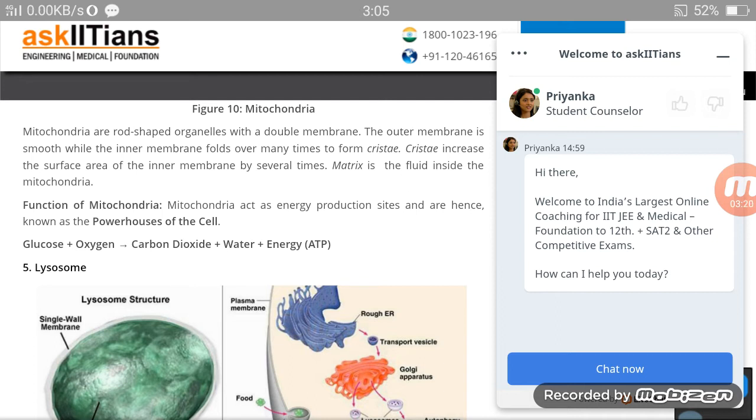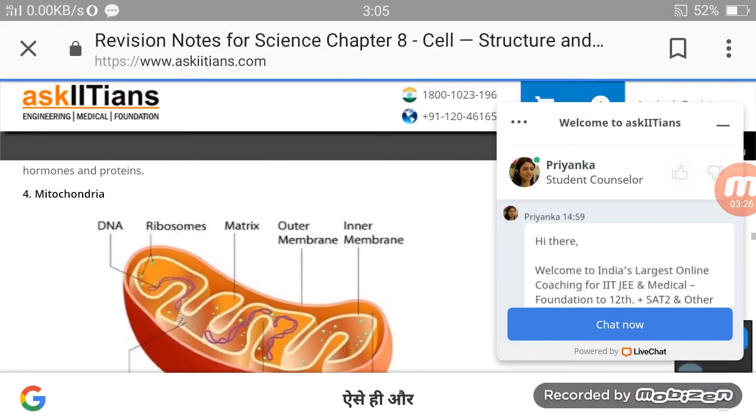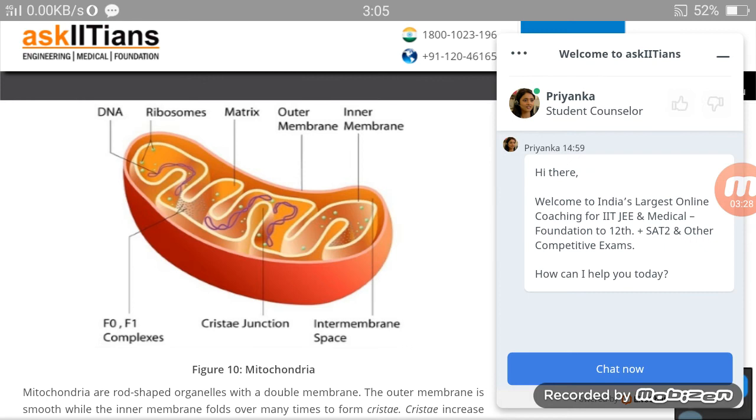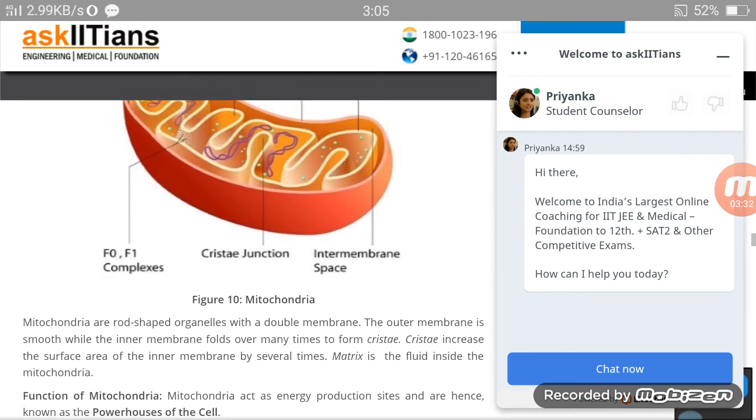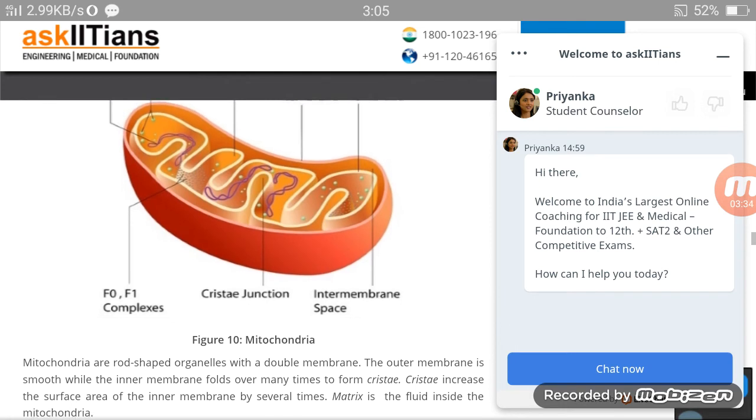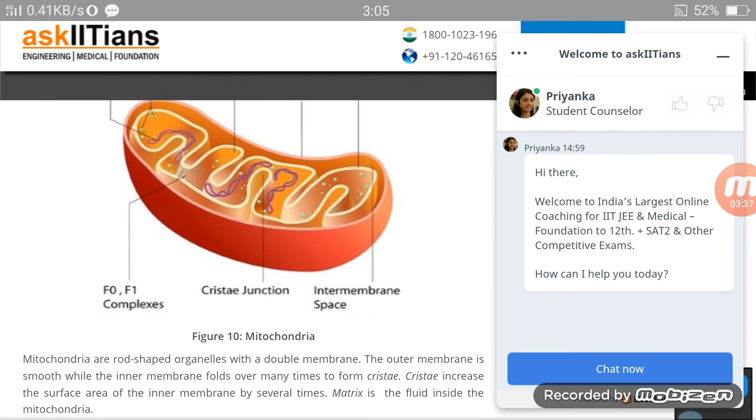So what is mitochondria? Mitochondria are rod-shaped organelles with a double membrane. As you can see, two membranes are there, outer membrane and inner membrane, and intermembrane space is also there. So it has a double membrane system and it is of rod shape. The outer membrane is smooth while the inner membrane folds over many times to form cristae.